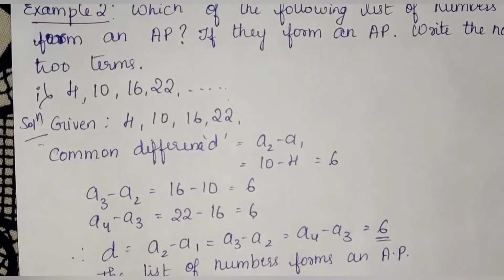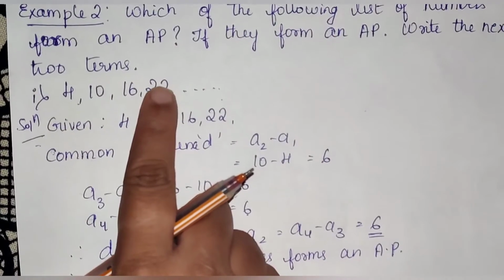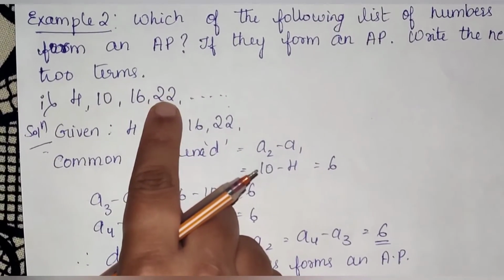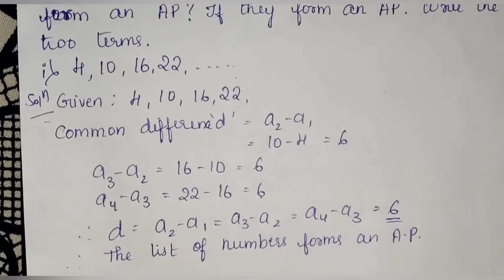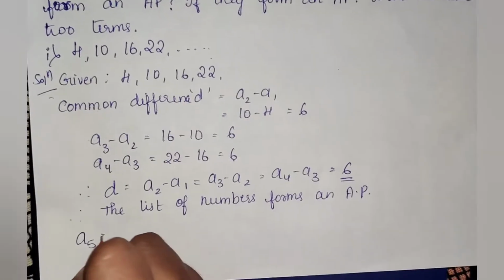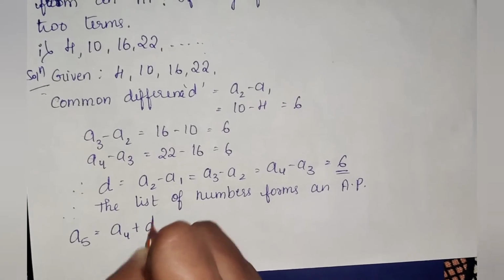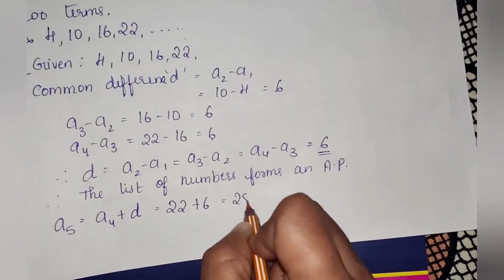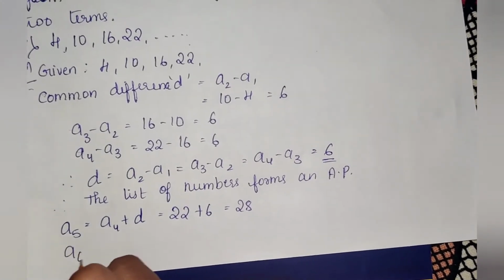How to write the next two terms? We are adding the common difference to our fourth term. So this is our fourth term, A4. So A5 I'll get as A4 plus D. What is our A4? 22 plus 6, I get 28. And what is my A6?